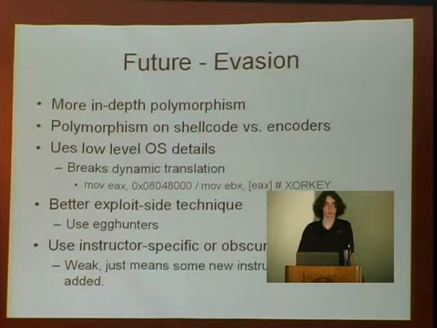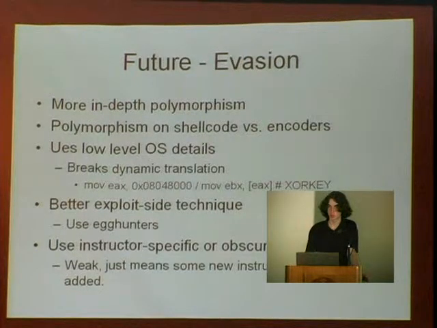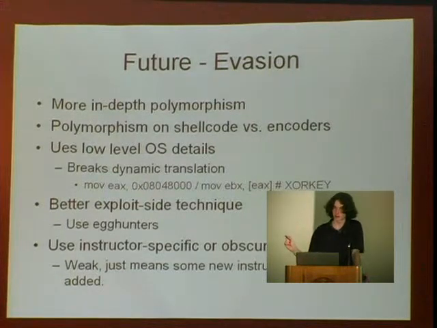So what you can do is use OS-specific details to bypass dynamic translators. Dynamic translators don't know anything about the memory space layout of Windows or Linux. So if you know something static, for example the ELF fingerprint at the start of pretty much every single ELF file, which is 0x7F ELF, that it's always going to be at one address, you can just move a static memory address into a register and copy the data at that memory address.